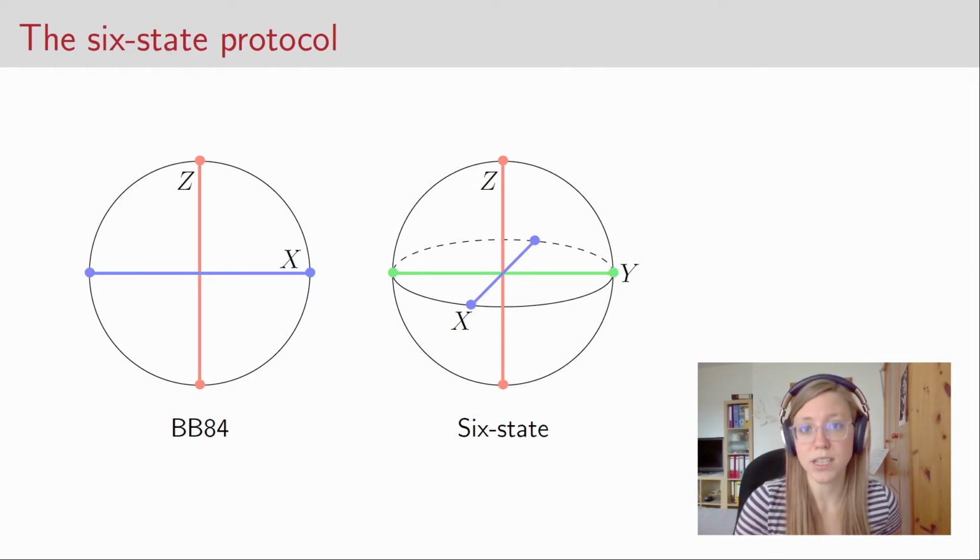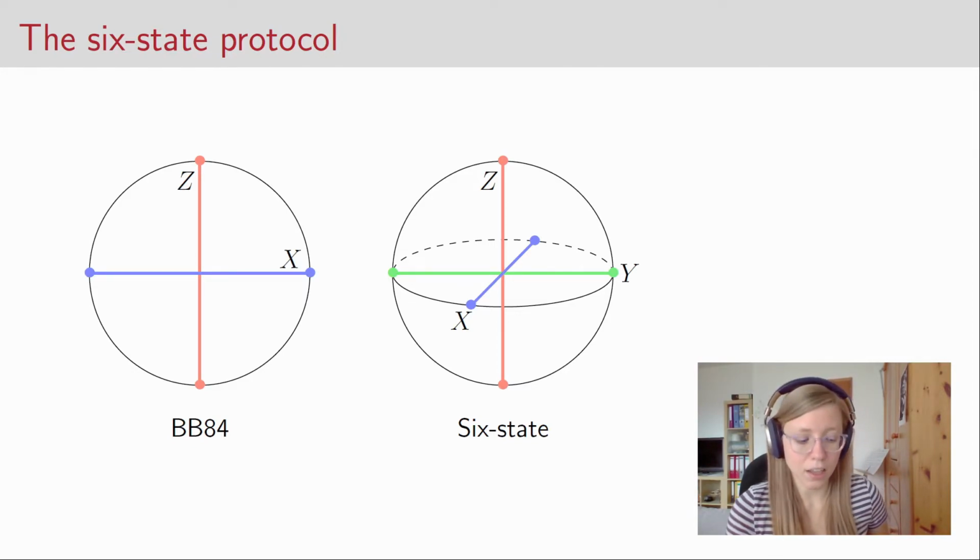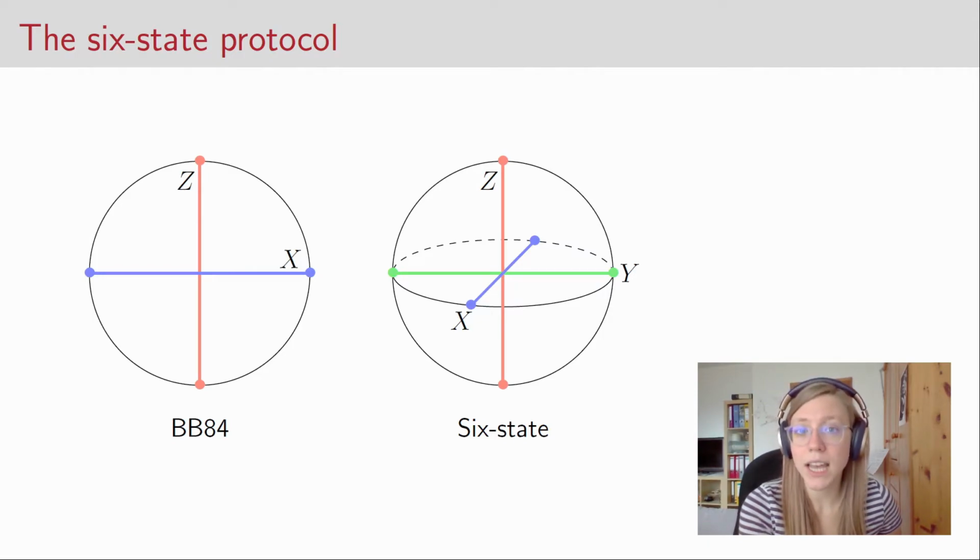parameter estimation step. And actually, the careful security analysis of both of these protocols has shown that, given an amount of eavesdropping that Eve performs, the 6-state protocol lets you generate a higher secret key rate.